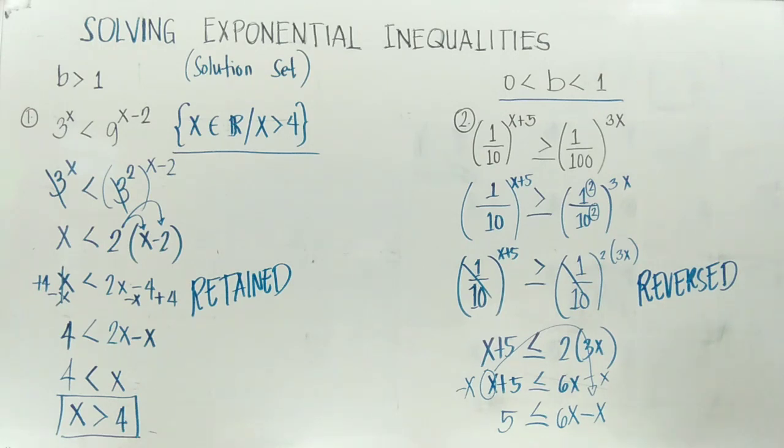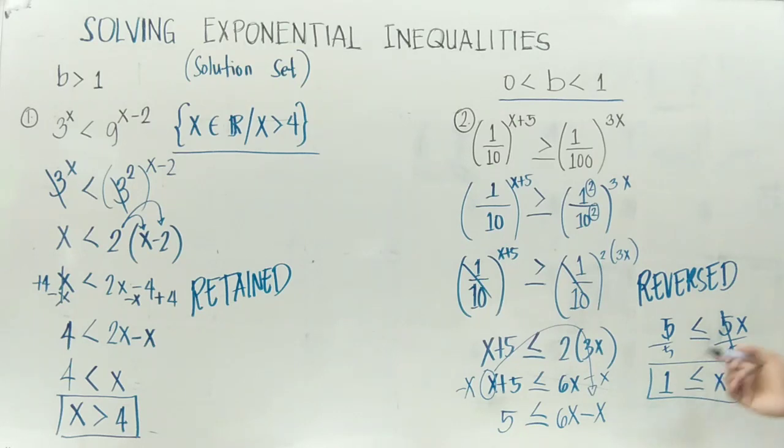Okay? Continuing, we have our symbol. 6x minus x is, of course, 5x. And on the other side, we have 5. Then dividing both sides by 5 to eliminate 5 and to isolate x. So we have 5 divided by 5 is 1.